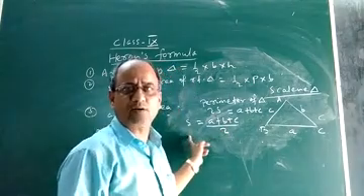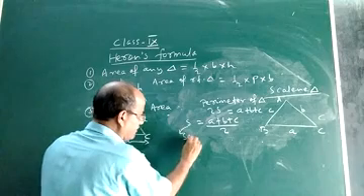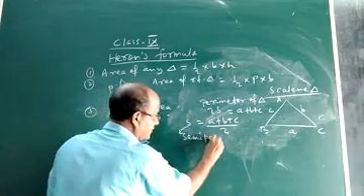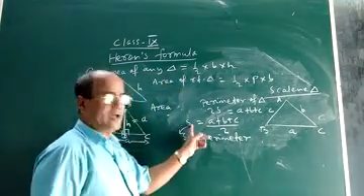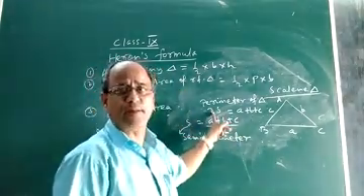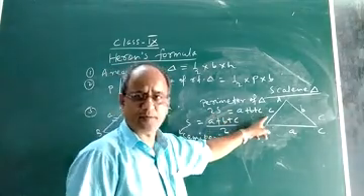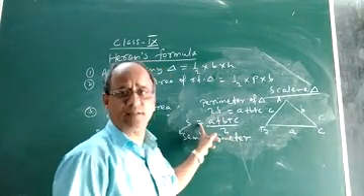You can ask, sir, what is s? This s is the semi-perimeter, or half of the perimeter. S stands for semi-perimeter, 2s stands for perimeter. So 2s equals a plus b plus c is the formula to find the perimeter of a scalene triangle. Then you find the semi-perimeter.